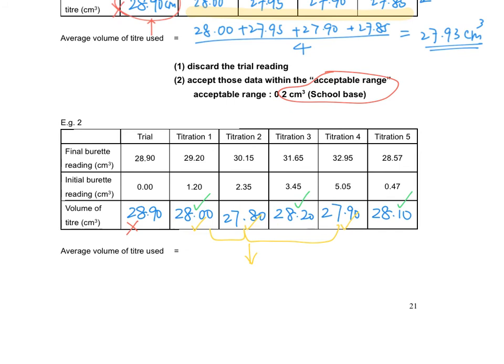So in this case, we have two possible average volumes. The average volume can be 28.10 cm cube, or the average volume can be 27.90 cm cube. So from these two data, you may be able to work out two different concentrations, and during the practical test, we will check which data is correct.